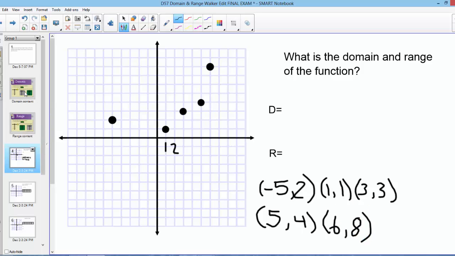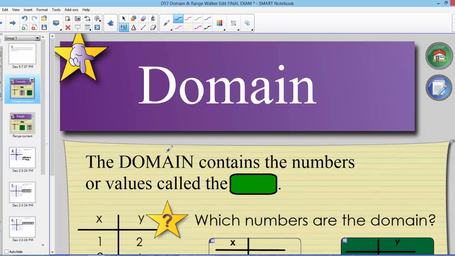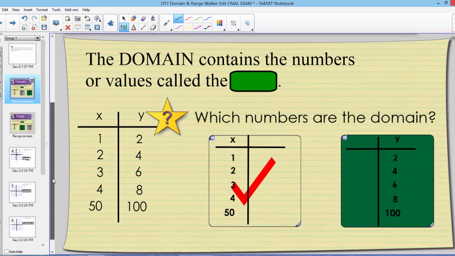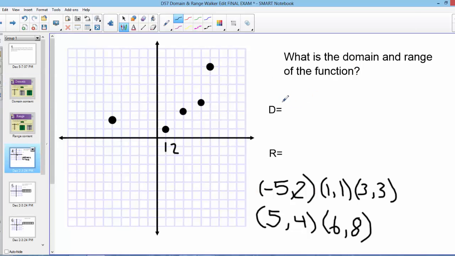Now, if we look back at what our domain said, the domain was our inputs, our x values. If you can remember, which one of the x's here? X, y.